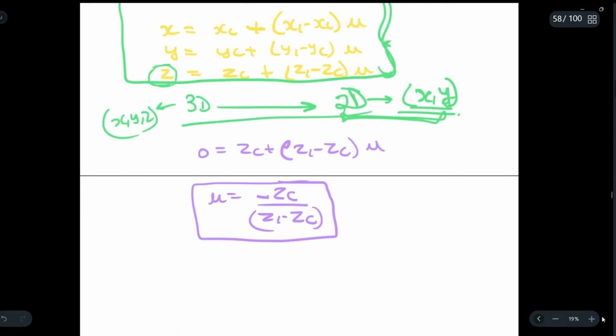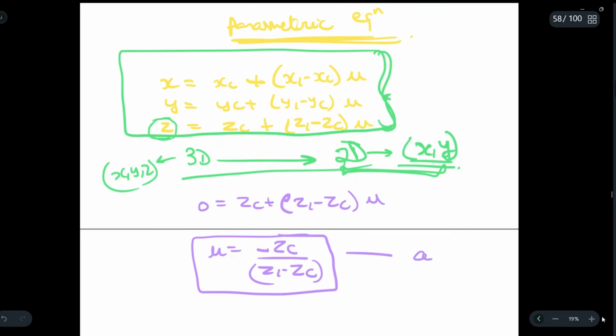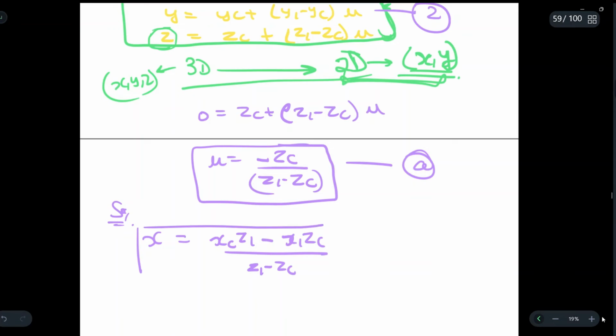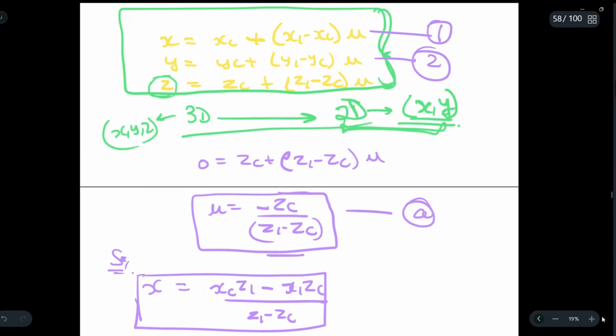Now we will use this equation, say equation A, and we will put it in equation 1 and equation 2. On doing so, we will get the value of x as x is equal to xc minus (z1 minus x1 zc) upon (z1 minus zc). So this is what we will get when we put equation A in equation number 1.